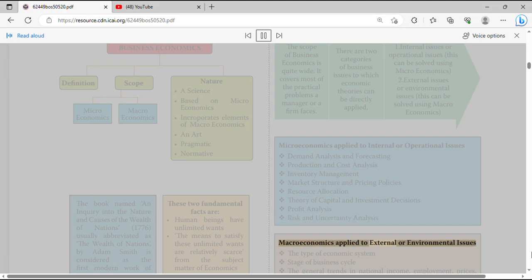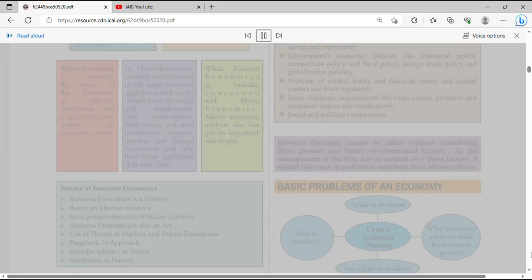Macroeconomics applied to external or environmental issues: the type of economic system, stage of business cycle, the general trends in national income, employment, prices, saving and investment.